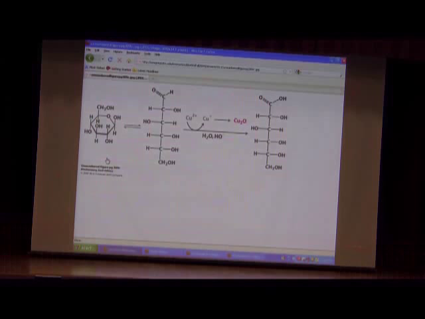What I hope you remember from your organic chemistry is that aldehydes are fairly reactive molecules. They're readily oxidized. When we oxidize something, it goes to an acid, as you see on the right. But I want to point out that that reaction only occurs when we have the molecule in the straight chain form. In the ring structure, we don't have an aldehyde.